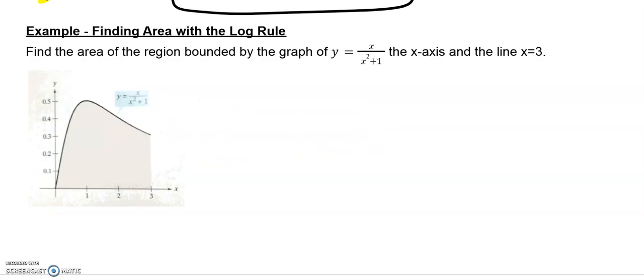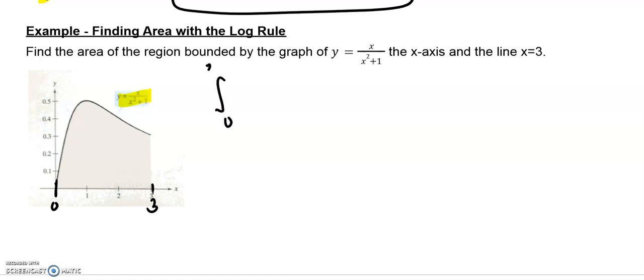Okay, so here we're finding the area under the curve, which we know now is the integral, and we're using the log rule. We have the function x over x squared plus 1, and we are going to find the area under that curve. So we'll set up a definite integral where it goes from x equals 0 to x equals 3.